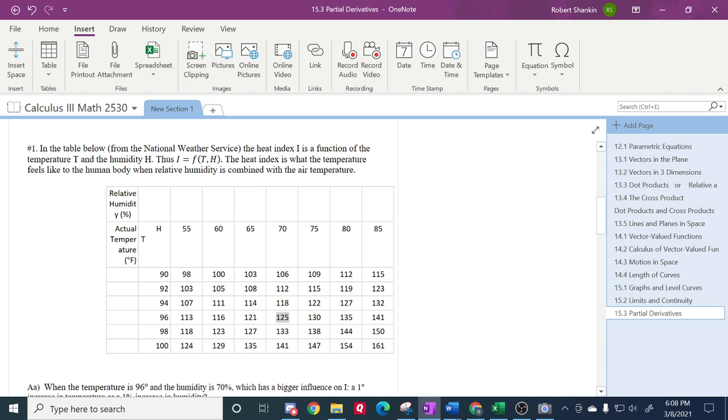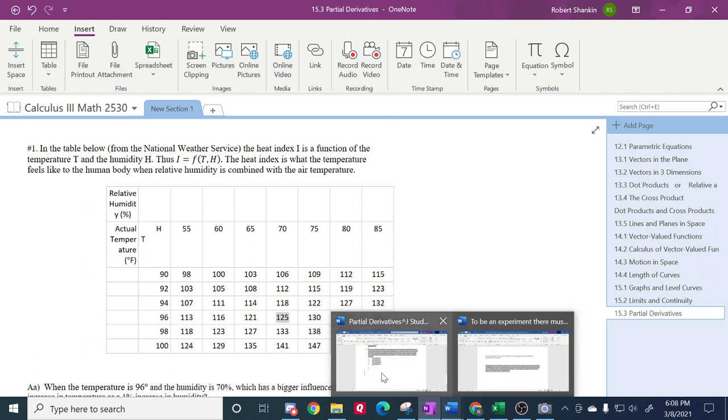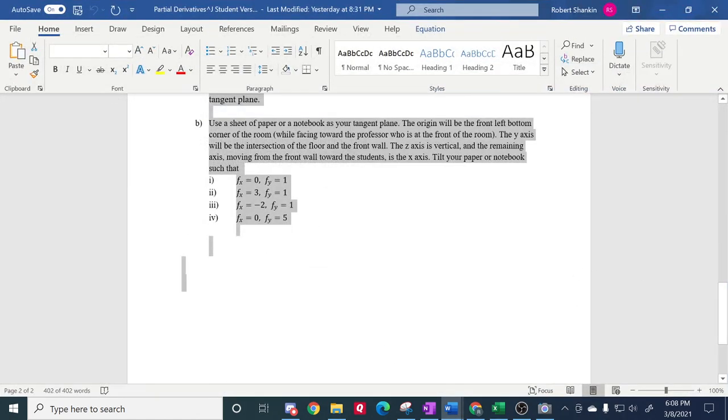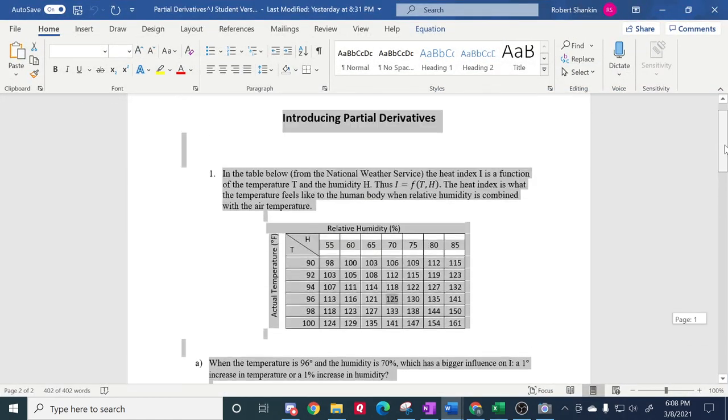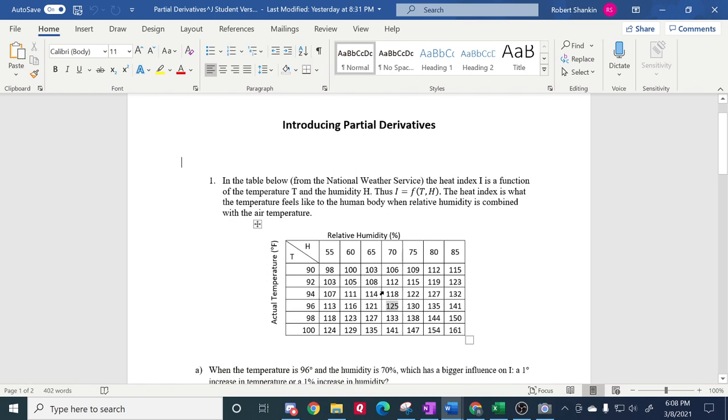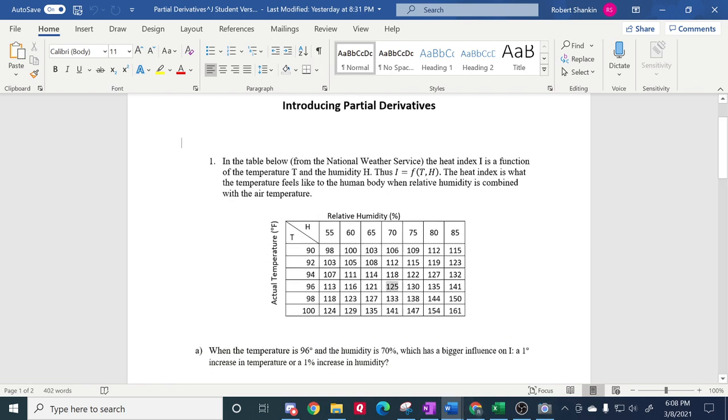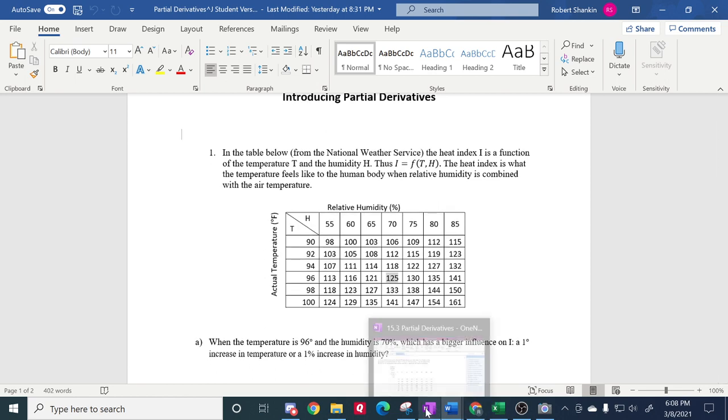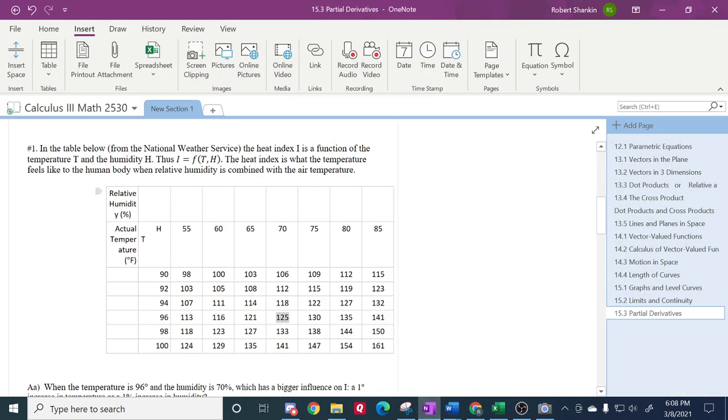Okay. The table is supposed to look like this, and actually I can get it to look like that. Let me get over here and delete this.